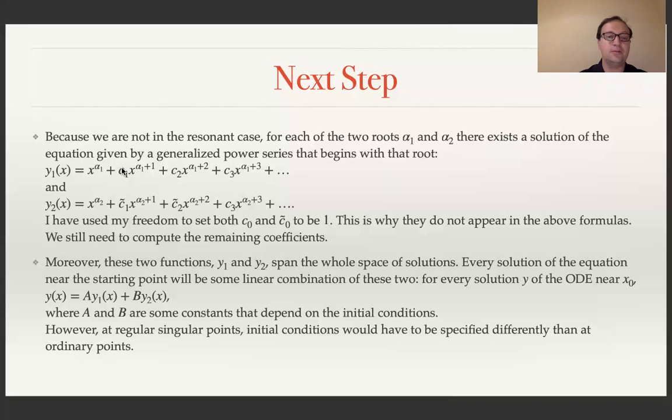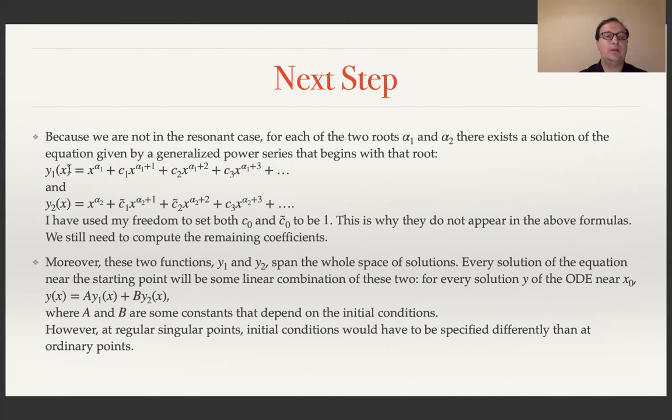So the next step, which we will do next time, either for this equation or for a similar equation, is that we'll compute one solution for each solution of the initial equation. So for each of those two values of alpha, there will be a solution. For each of these solutions, we can take, with no loss of generality, the first coefficient C0 to be 1.